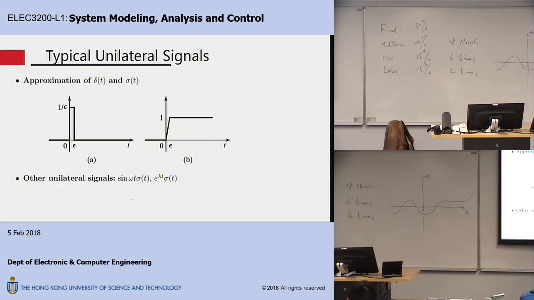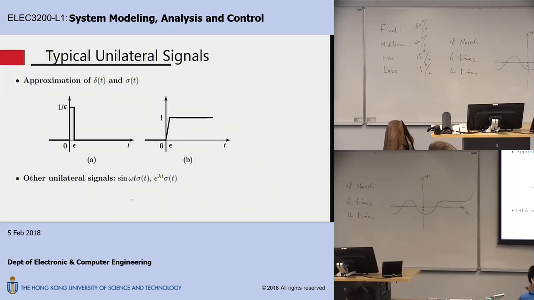So when you shrink this epsilon, make it very, very small, then this interval becomes very, very small, but the height becomes huge. The area below this is a constant, which is 1. So this is an approximation of delta, the impulse function.